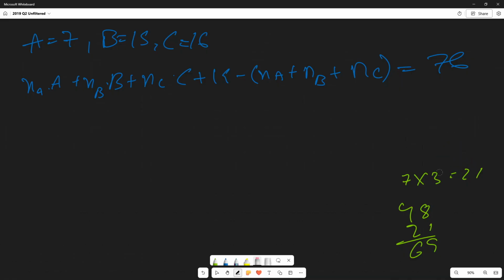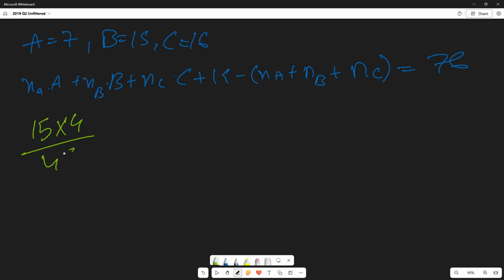Use 15 into 4, which is 45. 76 minus 45 is 31, right?